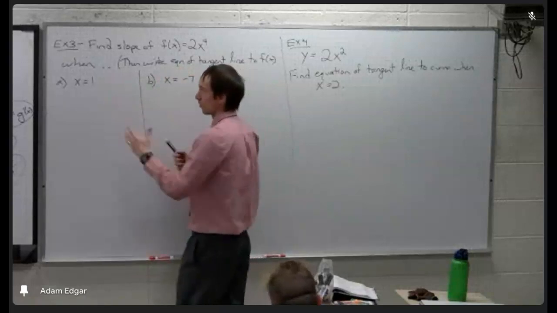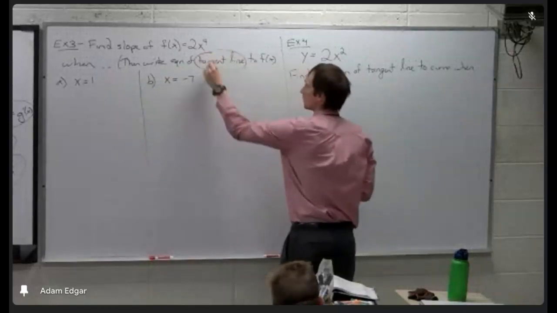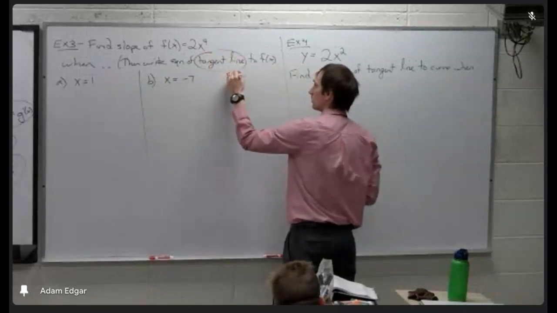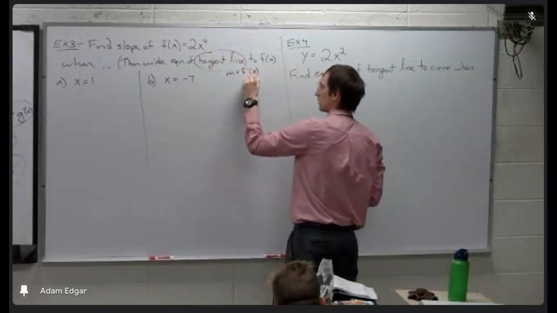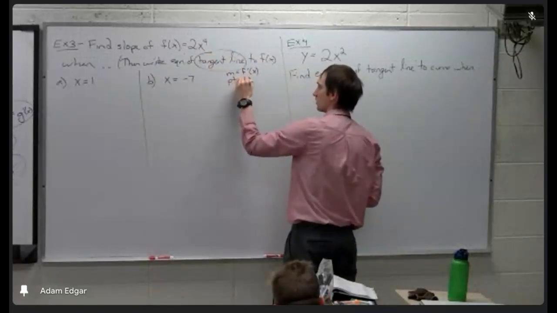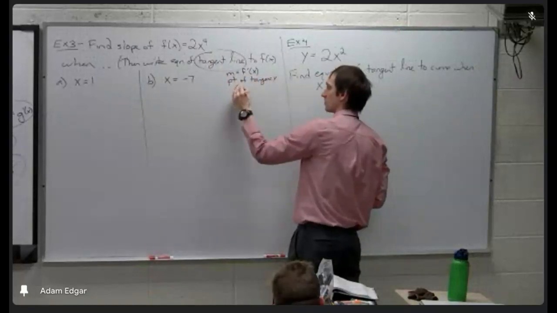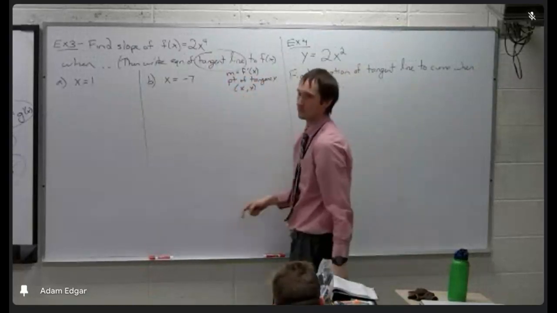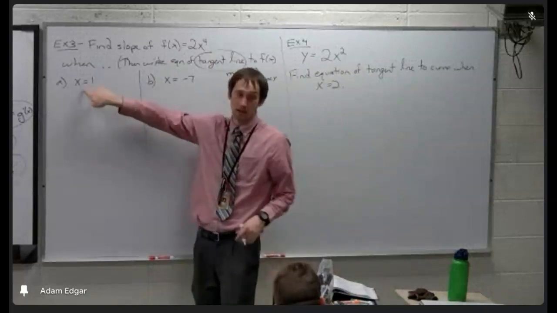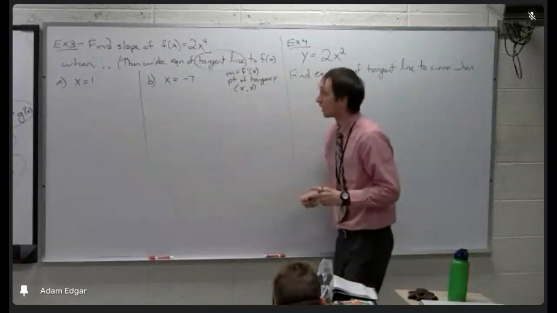So remember, for a tangent line, you need a slope, that's your derivative, and you need a point of tangency. And a point of tangency involves an x and a y. If I'm only giving you an x, you got to find the y yourself. Where do you find your y?